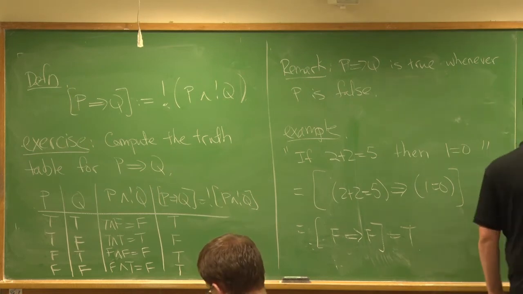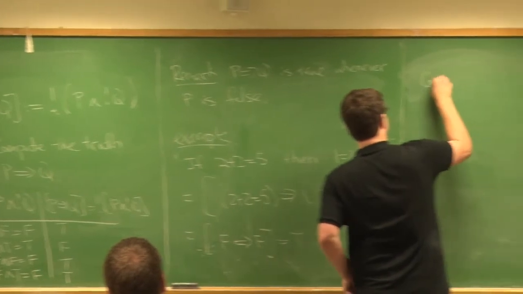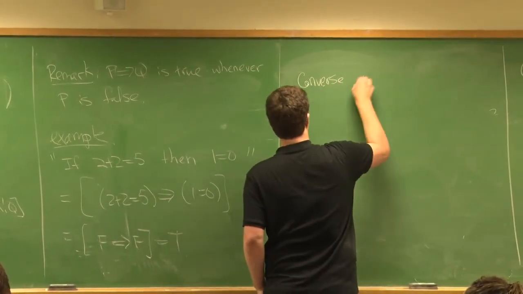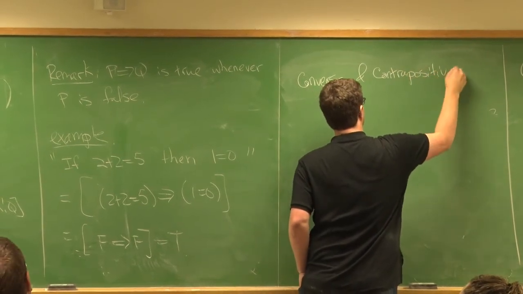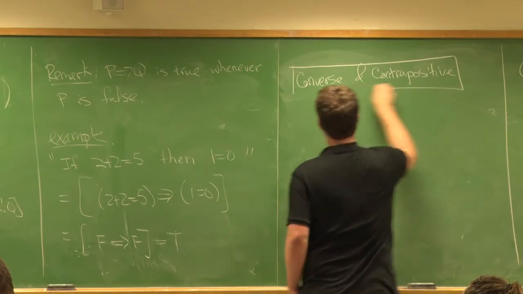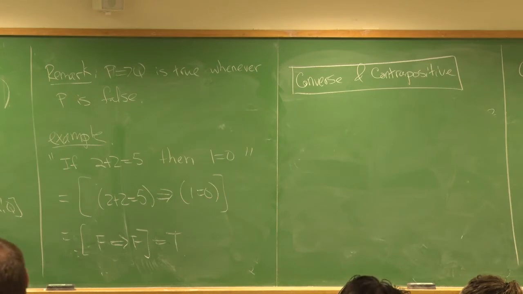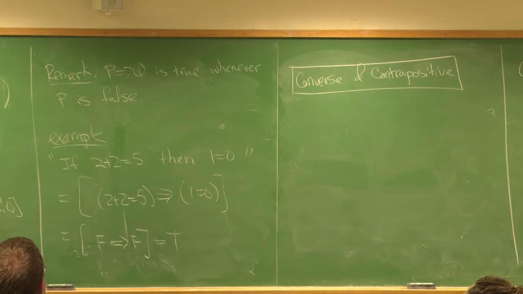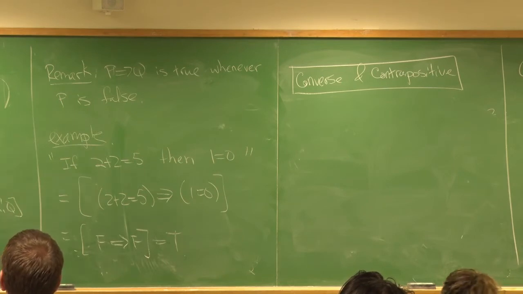And now I'm going to talk about two associated implications: the converse and the contrapositive. Can Q exist without P? Yes, Q can exist without P for sure. Q can be okay on its own, right?